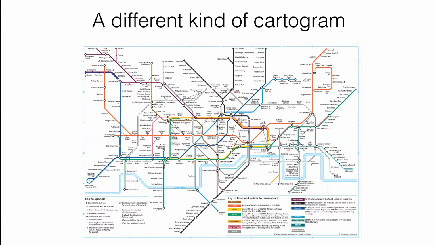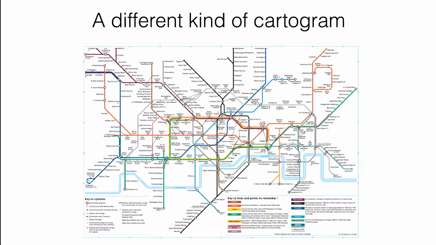Okay, another kind of cartogram. So cartograms just are these transformed maps. Another kind that you might be more used to is like a subway map, or in this case, the London Tube, right?